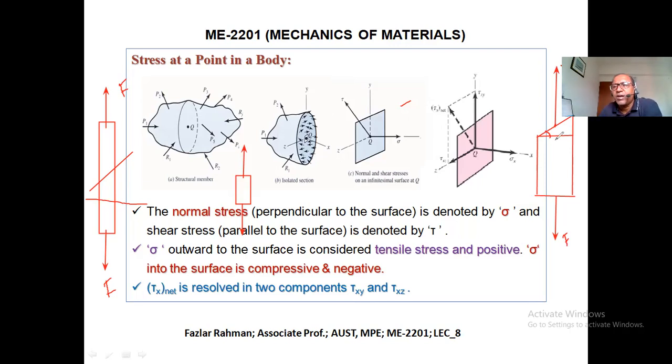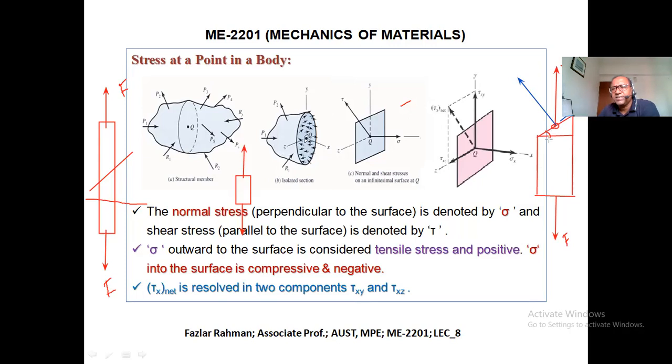Now I look at what's going on over here. I am making two lines. One line I'm making perpendicular to this surface. This is an inclined surface, right? This blue line is perpendicular to the surface, and this direction is parallel to the surface.